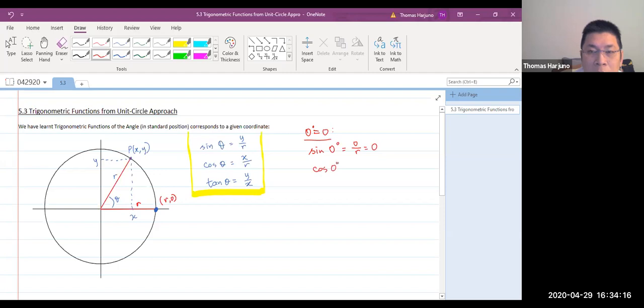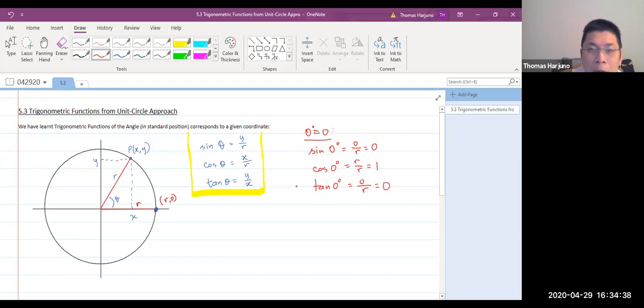Cosine 0 degrees will be x over r, that's 1. And tangent 0 degrees is 0 over r, the y over the x of that coordinate, that's still 0.